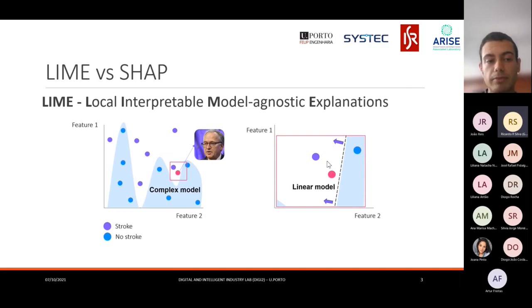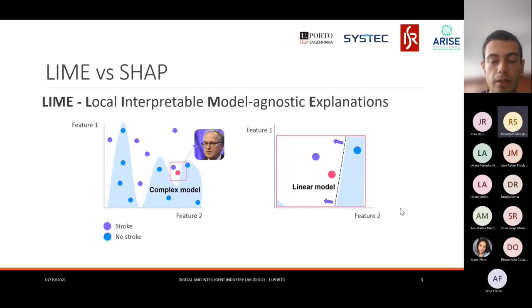Those are LIME and Shap, and first of all, I'm going to talk about LIME. LIME stands for Local Interpretable Model Agnostic Explanations, and as the name says, it supports explaining individual predictions, so a single sample, by approximating a complex model to a linear model in a specific region around the vicinity of a particular instance. For example, in this image, we can see a complex function on the left, and the white background means there is a stroke, and the blue background means there is no stroke.